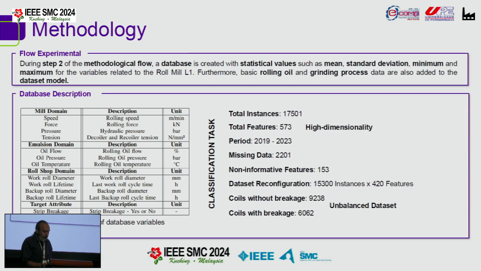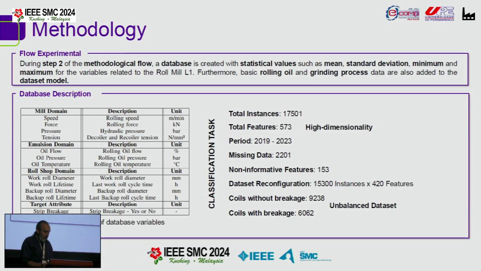During step 2 of the methodology flow, a database is created with statistical values such as mean, standard deviation, minimum and maximum for the variables related to the roll mill L1. Furthermore, basic rolling oil and graining process data are also added to the dataset model.